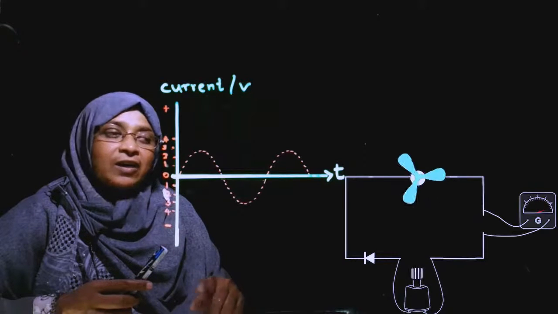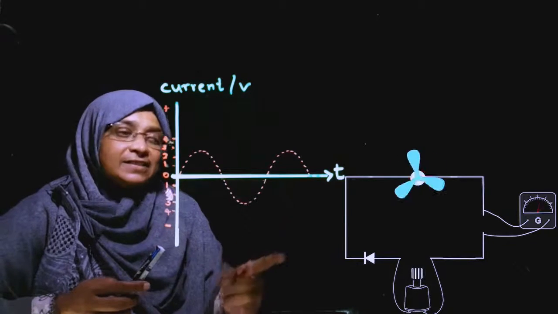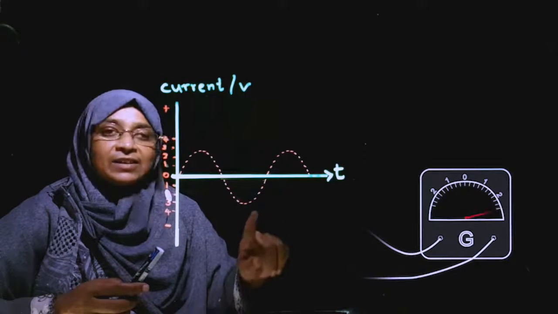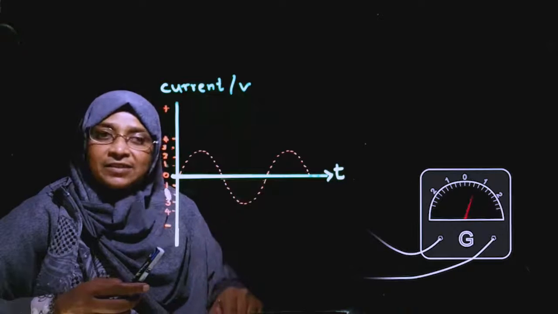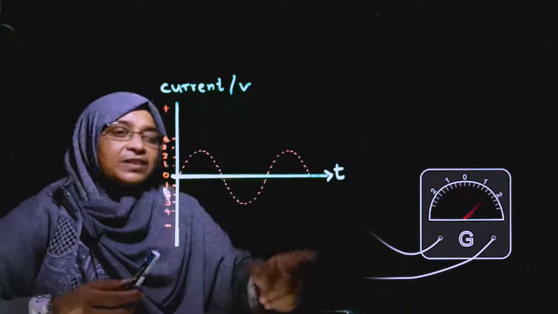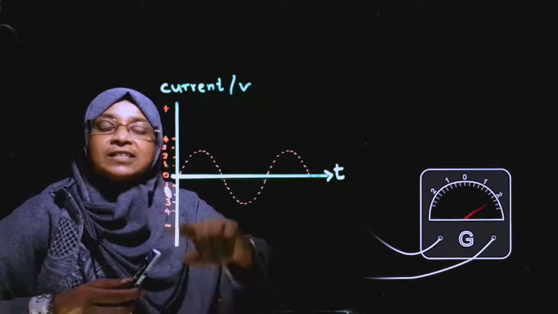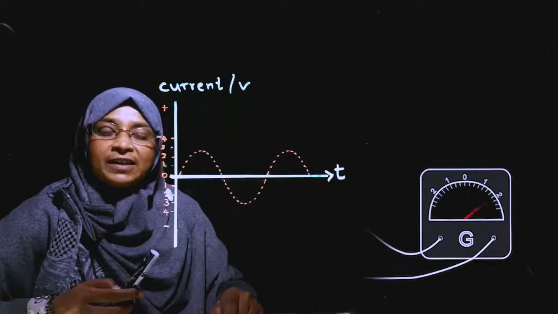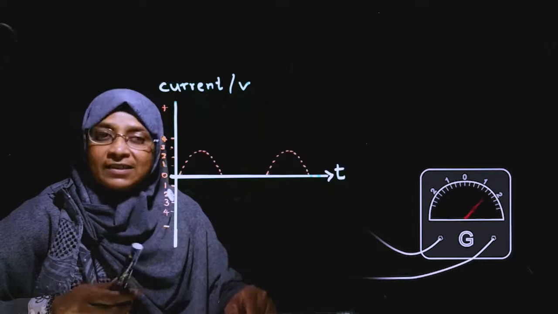So, how will the graph be? In the circuit, we are getting only one side, clockwise current. So, our graph will change. Here, we have only one side current.